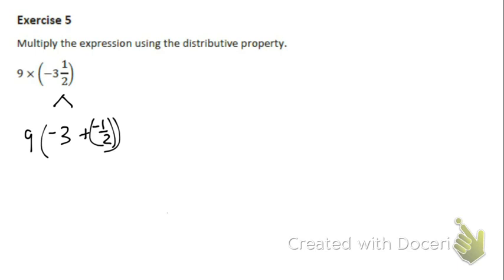Now we could distribute that 9. 9 times -3 is -27. 9 times negative half, that one will be a little more complicated here. We'll get plus negative 9 over 2.